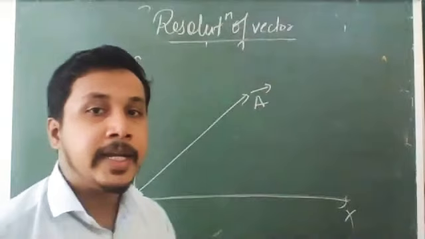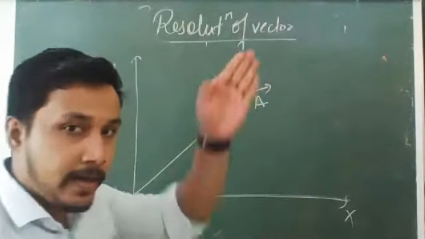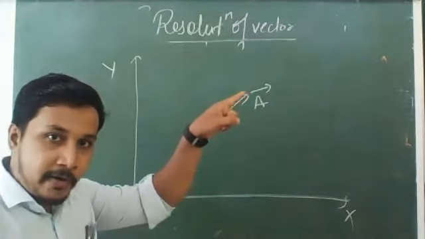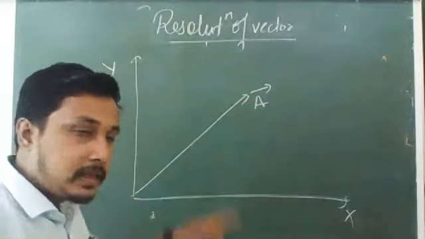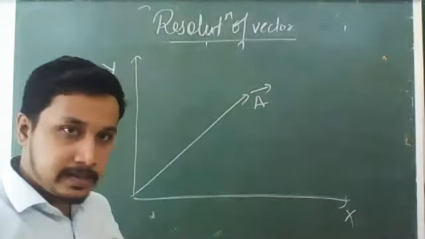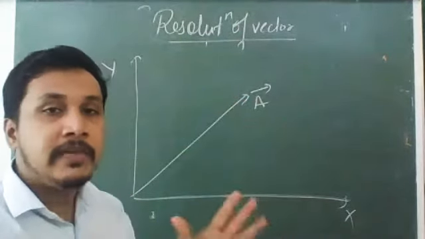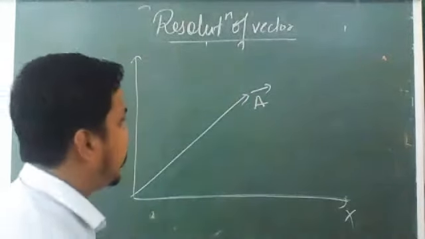Suppose I take any random vector, that is vector A. If I draw a line parallel to the x-axis, and another parallel to the y-axis, the length I get on the x and the length I get on the y represent the components of the vector on x and y.